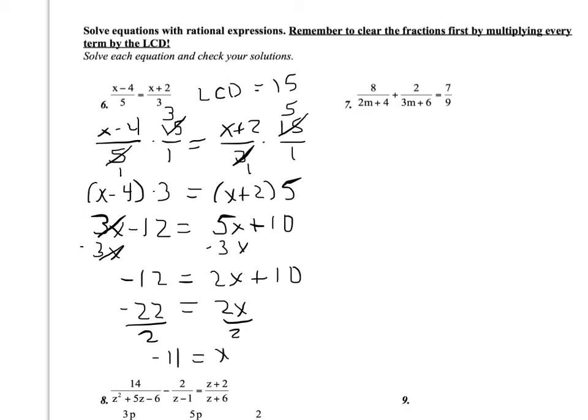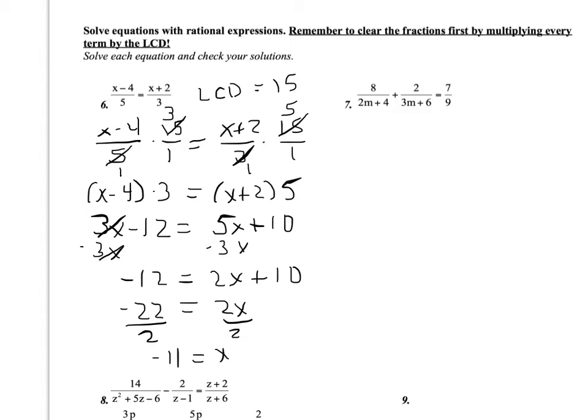Now, notice it said we have to check our solutions. So that means if I go back to the original equation, I want to see what happens if I put negative 11 in place of x. On the left side, and you can use a calculator to do this, it's very simple, negative 11 minus 4 would give me negative 15 for my numerator, and negative 15 divided by 5 is a negative 3.